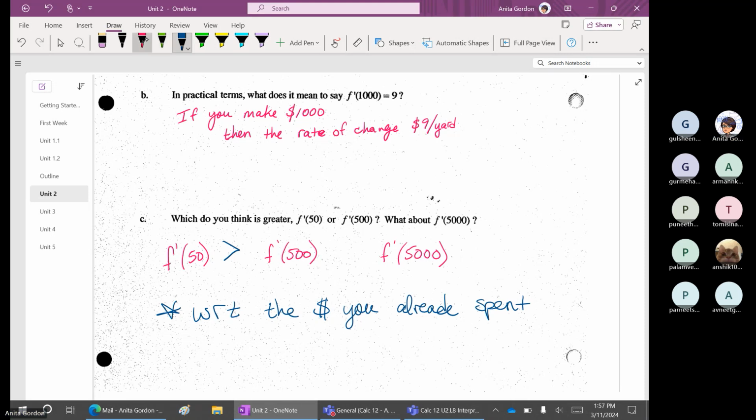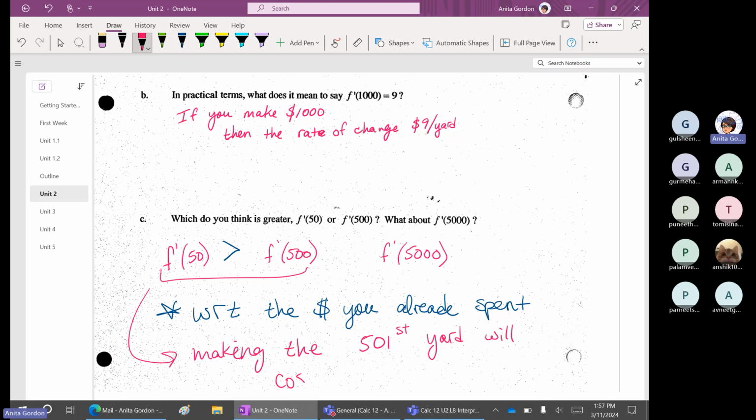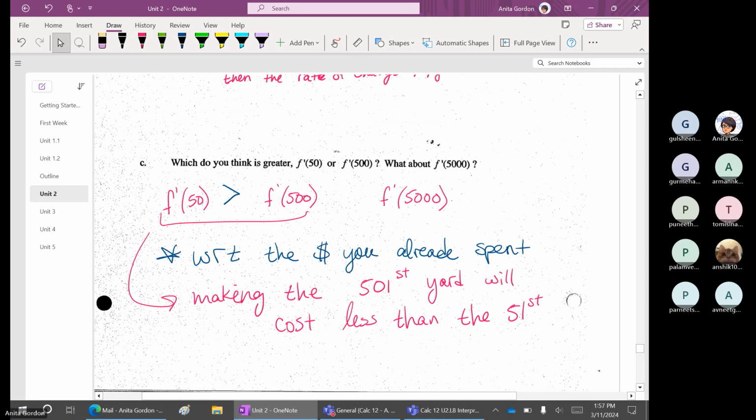So you guys are saying that comparing these two, making the 501st yard will cost less than the 51st because of bulk production, which is a valid reason for your answer.